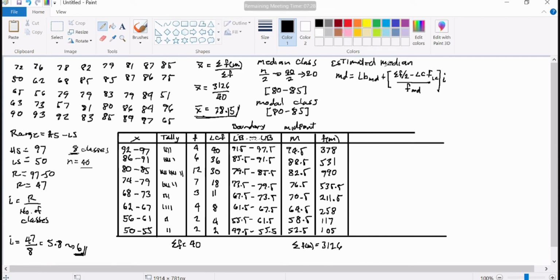That is for the estimated median. We also have here the estimated mode.